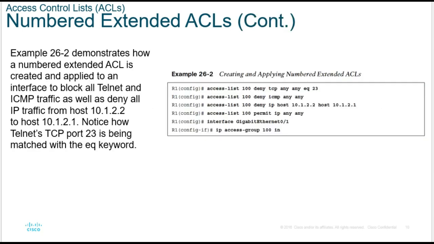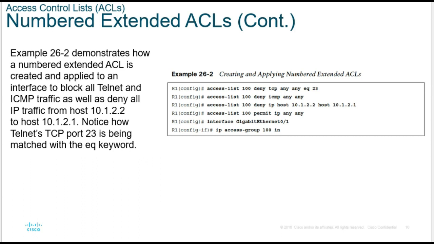So since it is an extended ACL, it will have a source and also destination IP address or source and destination port number. So example di sini adalah kita boleh gunakan extended ACL untuk deny traffic daripada telnet.